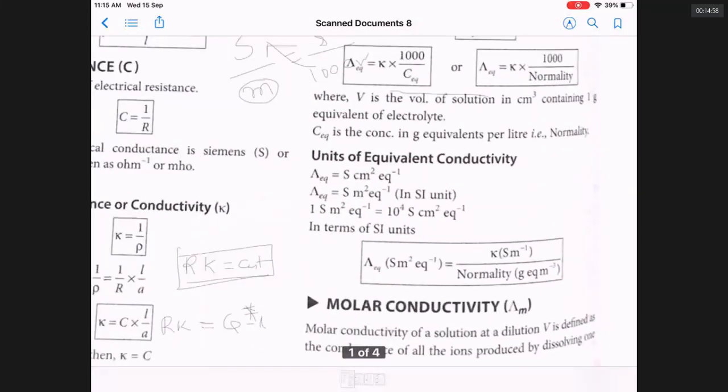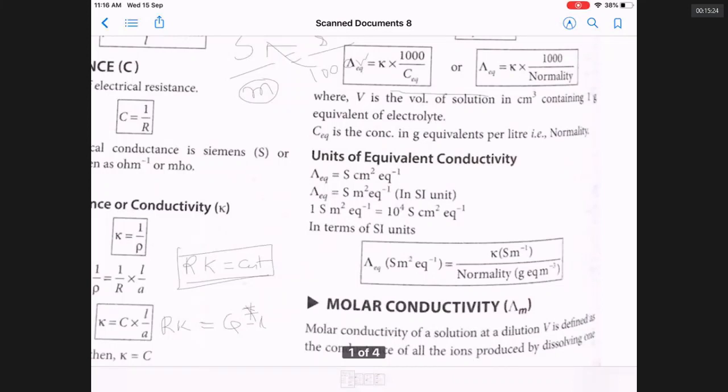So what are the units of equivalent conductance? The unit of equivalent conductance is Siemens centimeter square per equivalent. We can also take it in Siemens meter square per equivalent. If you are taking Siemens meter square per equivalent, your normality will not be in equivalents per liter. It should be in equivalents per meter cube.